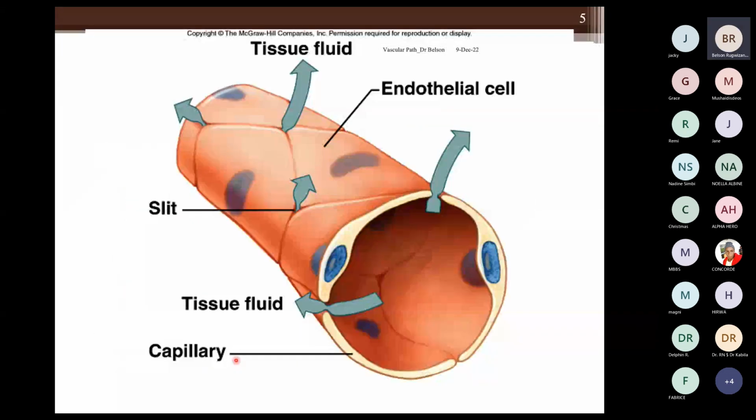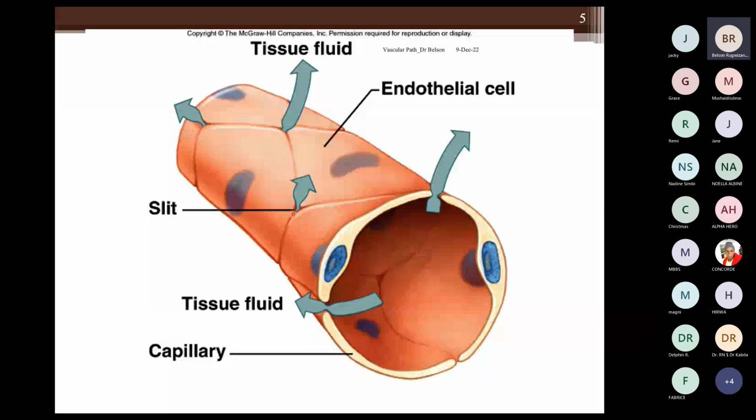So on the capillaries, I think this we have seen it in the hemodynamic changes chapter. So this is a capillary. The wall is just composed of endothelial cells, no media, not tunica media, and because these are the endothelial cells, they don't need the blood supply. They will get nutrients through diffusion.